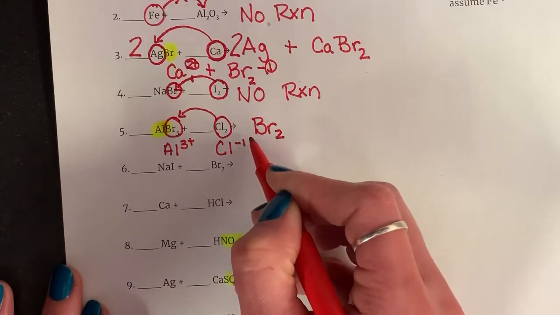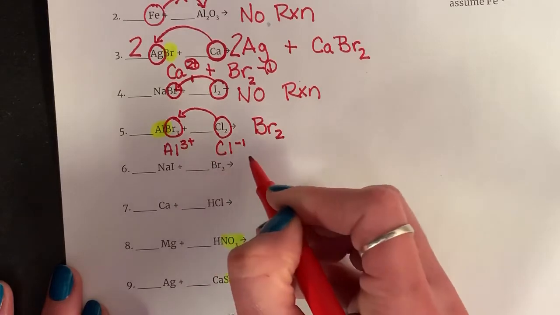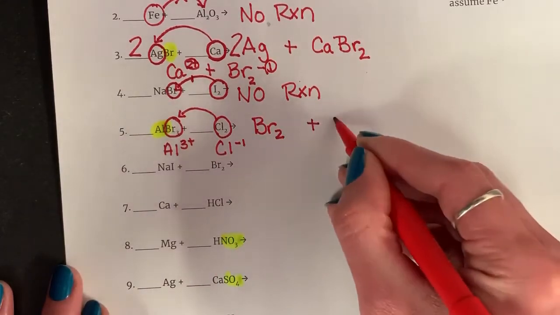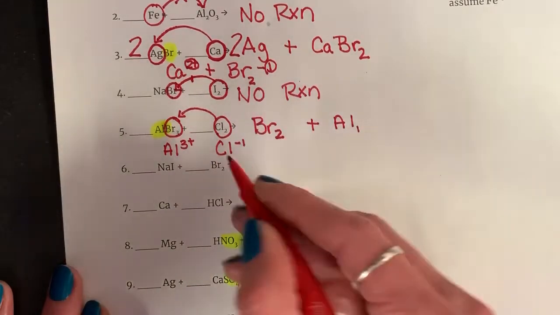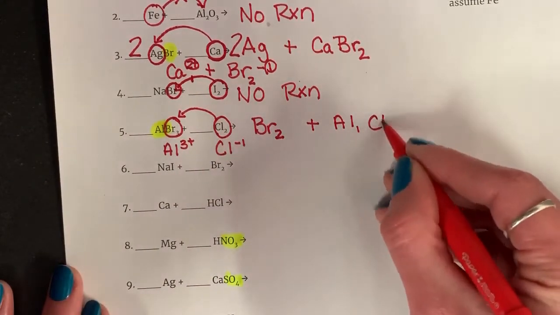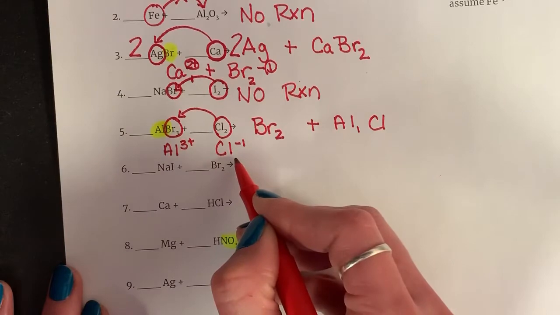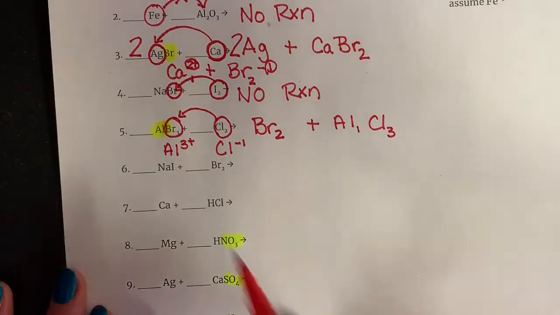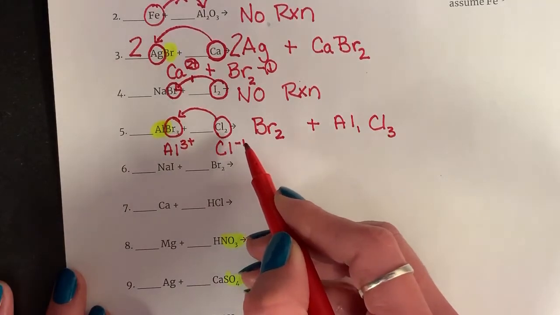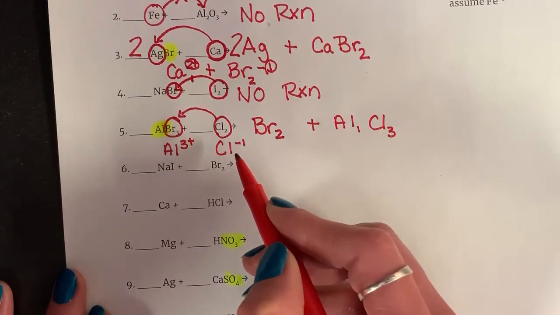When charges don't match, I flip them. So I'm going to have Al1, Cl, this 3 comes across, so 3. Okay? Little numbers are for charges, big numbers balance the equation.